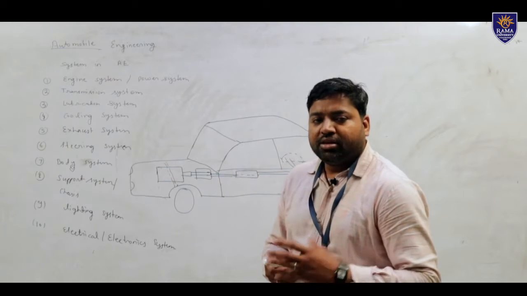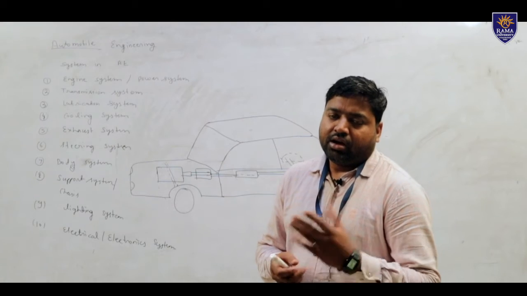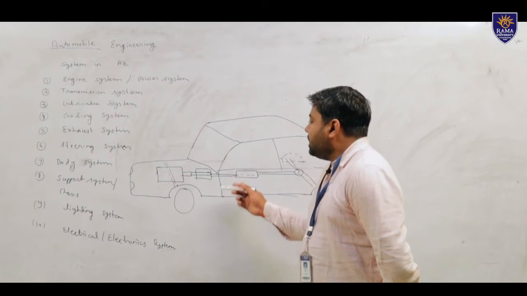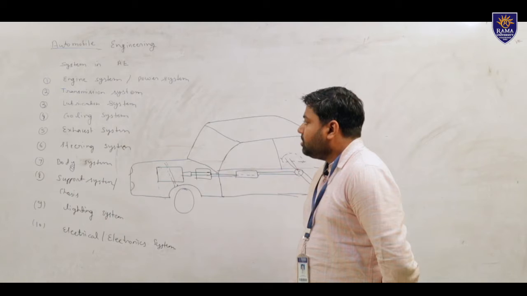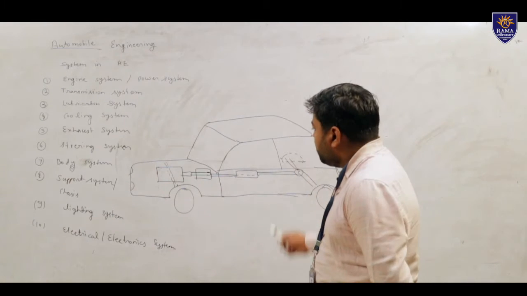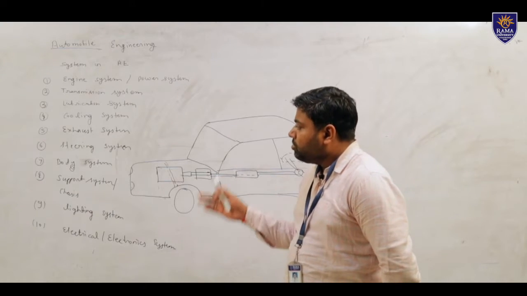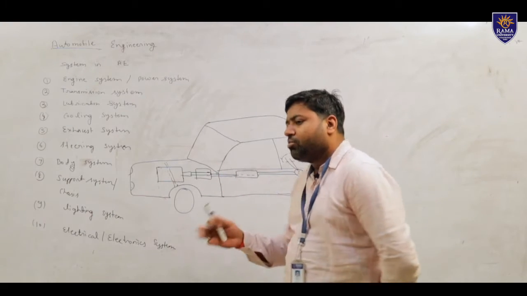Vehicles are of different types, like LCV and HCV. LCV means light commercial vehicles, and HCV means heavy commercial vehicles. We have seen that different types of trucks and different types of cars are moving on the road.